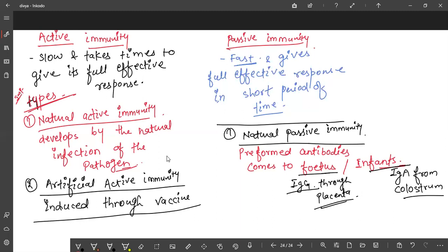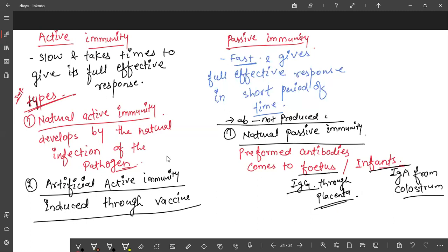Similarly, we will classify passive immunity as natural passive immunity and artificial passive immunity. In case of passive immunity, antibodies are not produced in our body. Preformed antibodies may come to the fetus or infant. In passive immunity, you have to learn that antibody is not produced in our body.